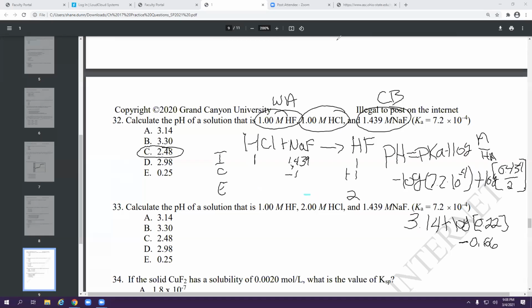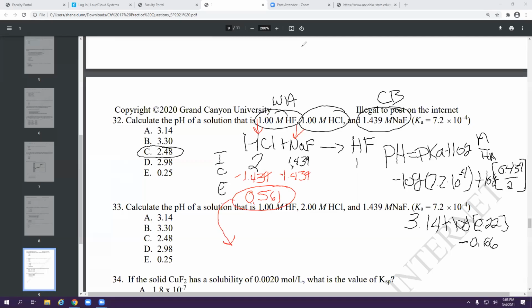So if I just erase all of this, put a 2 there, which one's bigger? Hydrochloric acid or base? So hydrochloric acid can be left over? So 2 minus 1.439 gives me 0.561.